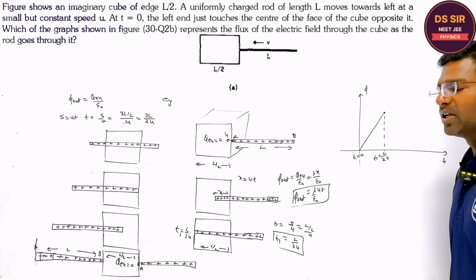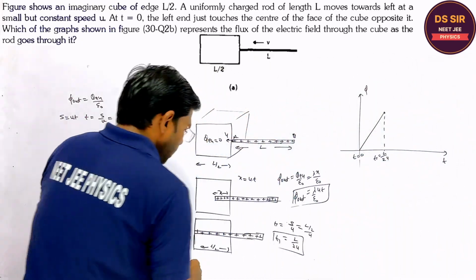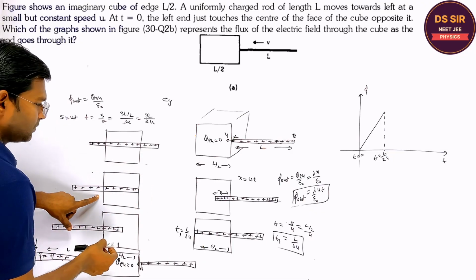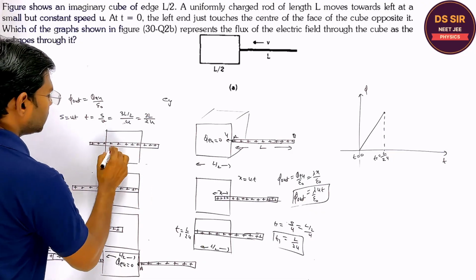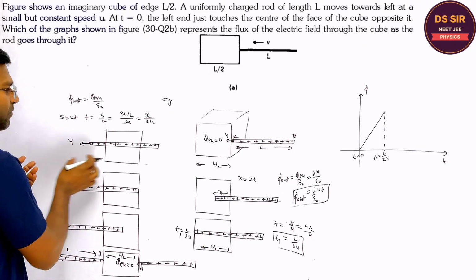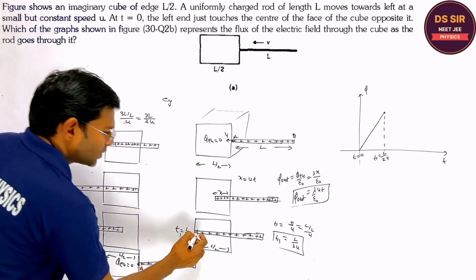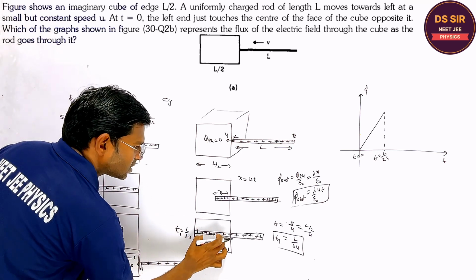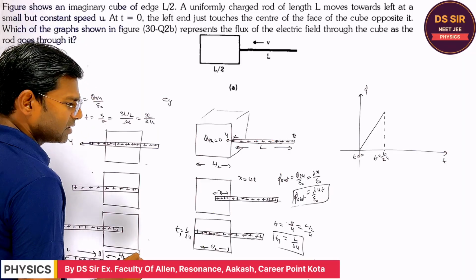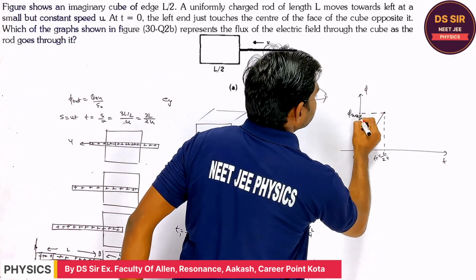The flux will increase because the charge is increasing up to this point. Although the rod is continuously moving towards the left, the charge enclosed by this cube is the maximum charge enclosed, right? So the flux will be the maximum.